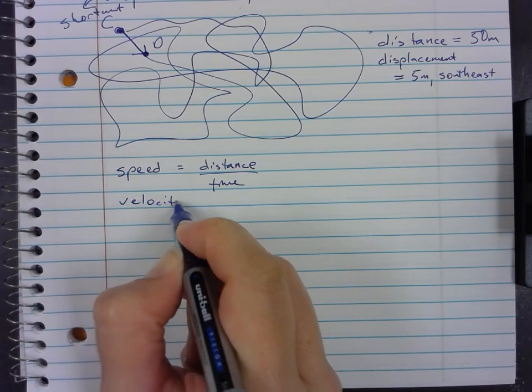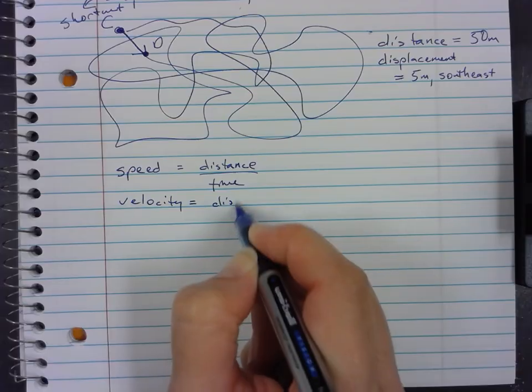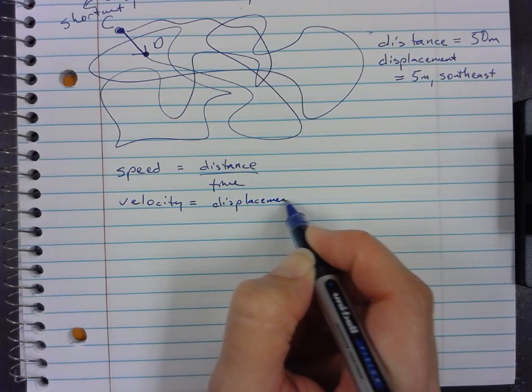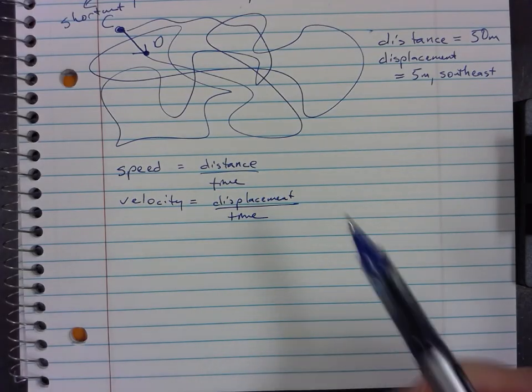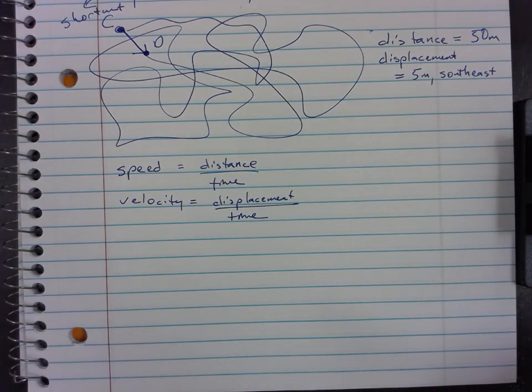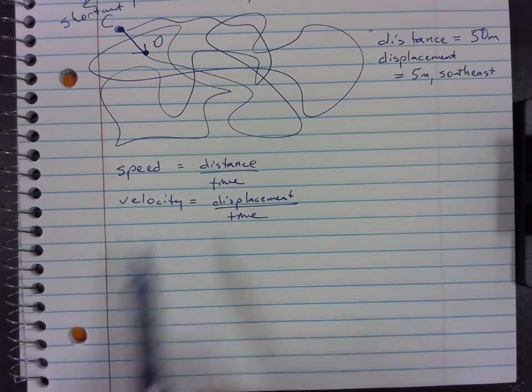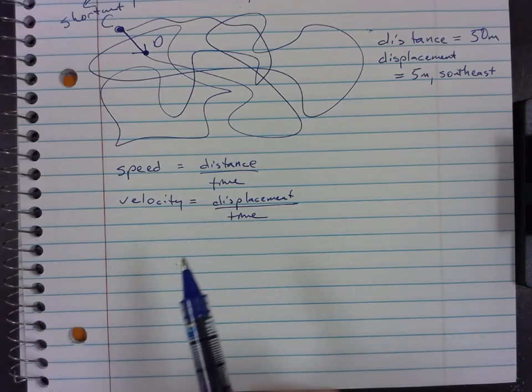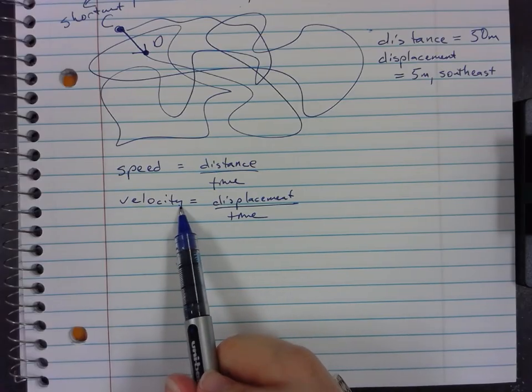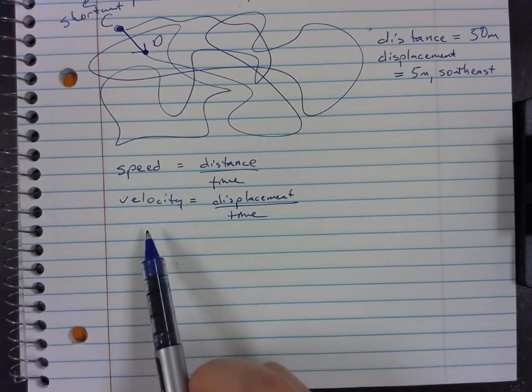Velocity is displacement over time. So if the distance and the displacement have the same magnitude, then the speed and velocity are going to have the same magnitude, but velocity will have a direction. So if you only travel one direction, then your velocity is speed in a particular direction.